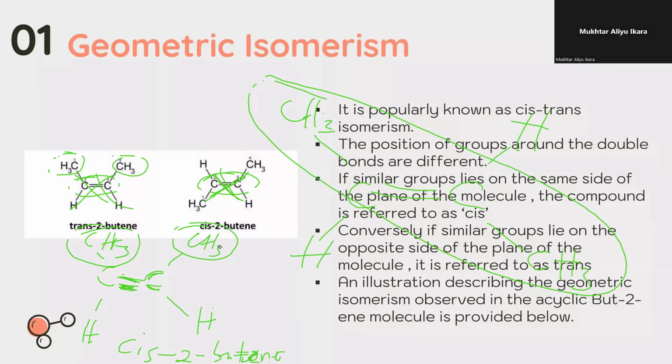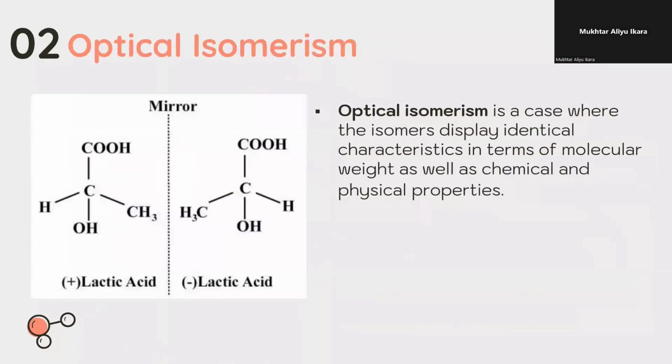The next type of structural isomerism that you are going to look at is optical isomerism. Optical isomerism is a case where the isomers display identical characteristics in terms of molecular weight as well as chemical and physical properties. The only difference is that they are mirror images of each other.